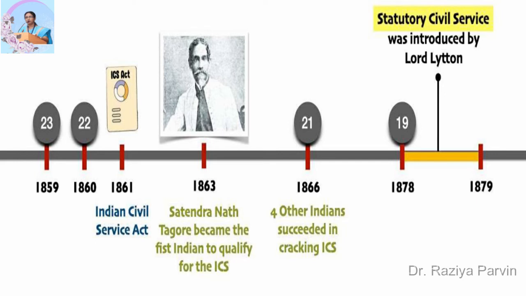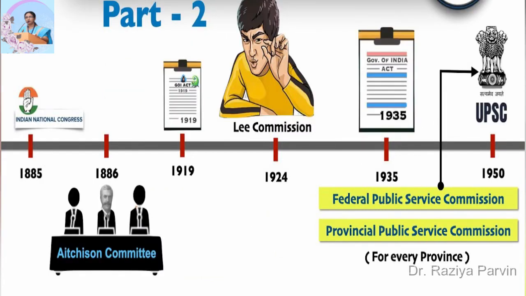So coming to the evolution of the civil service from 1859, the picture gives you a clear idea of the period from 1859 to 1879, followed by 1885 to 1950, after the Lee Commission of 1924, and the 1935 Federal Public Service Commission. After the Lee Commission, the Government of India Act of 1935 was passed, and in 1950, the Federal Public Service Commission and the Provincial Public Service Commission for every province got established.